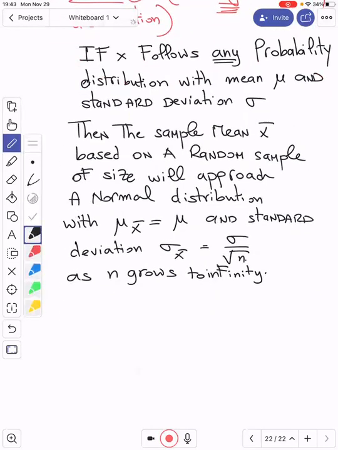So in other words, the interpretation of this theorem: what the theorem says is the following.